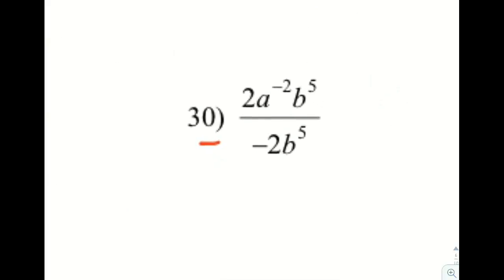Let's go ahead and do one more example down here. The problem here has 2a to the -2nd, b to the 5th, over -2 b to the 5th. One thing that might help is this negative here, just like the one before, can get a little bit lost.